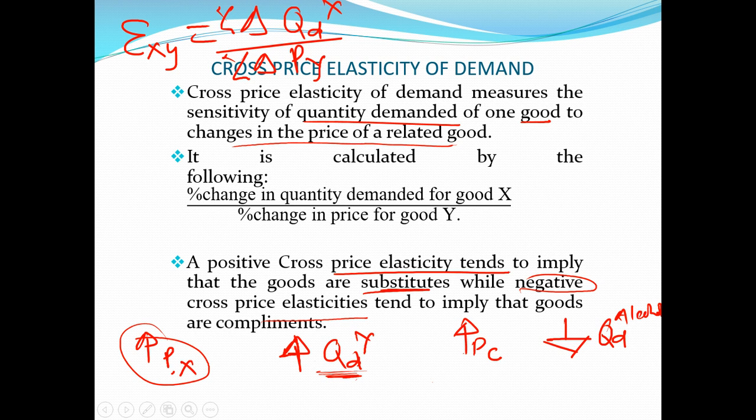So with cross price elasticity, it all depends on the nature of the relationship existing between these two commodities. If they are substitutes, you increase the price of one, and the quantity demanded of the other commodity goes up, because these can be substituted easily one for the other.